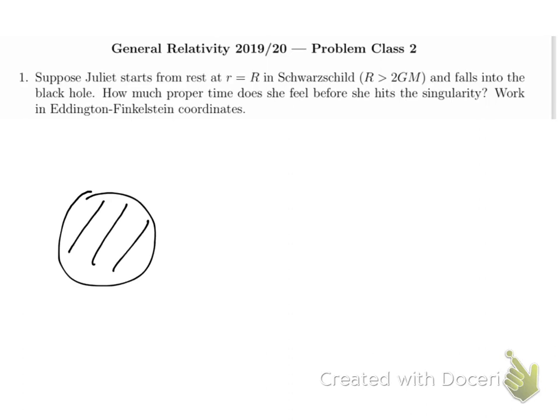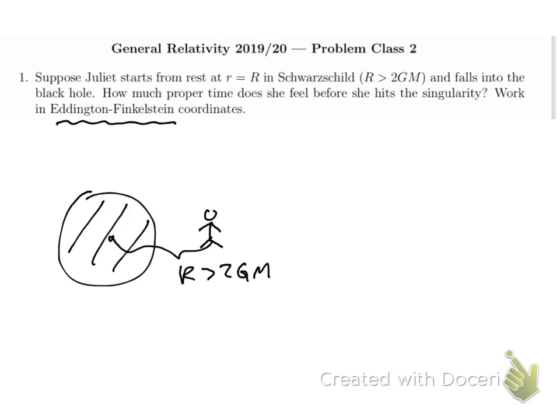If the event horizon is here, she starts out here at some r which is greater than 2GM, and then she just falls into the black hole. How much proper time does she feel before she hits the singularity? So really we're asking, what does Juliet experience when she falls into the black hole? And finally, the question says, work in Eddington-Finkelstein coordinates.